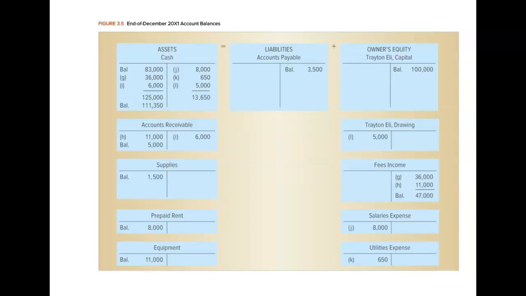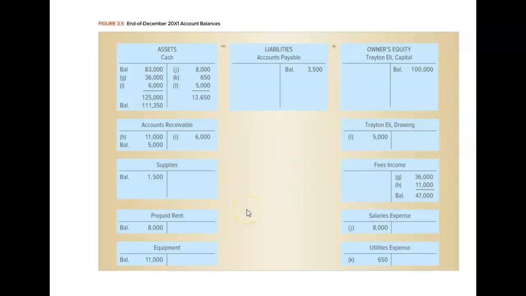Here's Figure 3.5 from your textbook. Let's first look to see how they got the balances in these accounts. Remember that like signs add and opposite signs subtract.